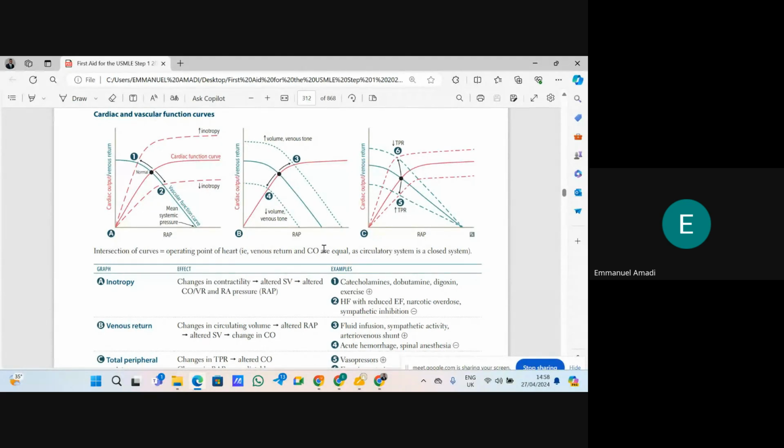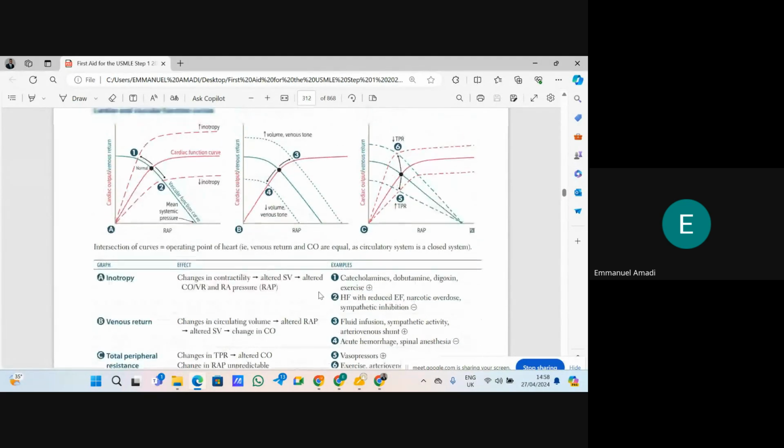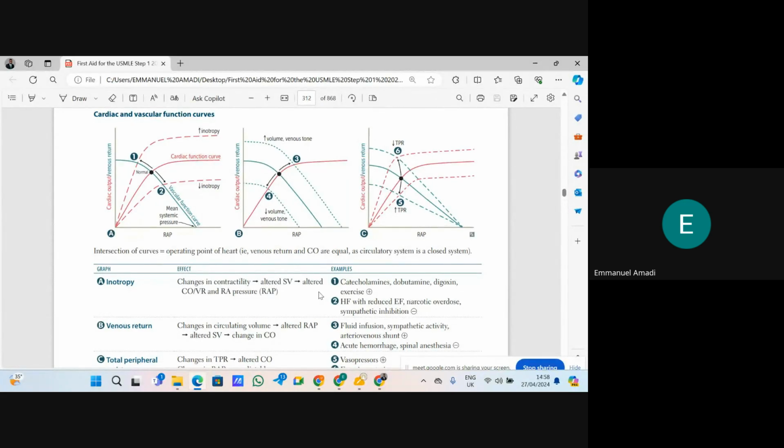That is number 3. Now, we have settled this thing before. What is that thing that can make your venous return to be reduced? I settled it that when the veins dilate, of course, the veins will hold more blood. When the vein holds more blood, automatically, you will definitely have decreased venous return.